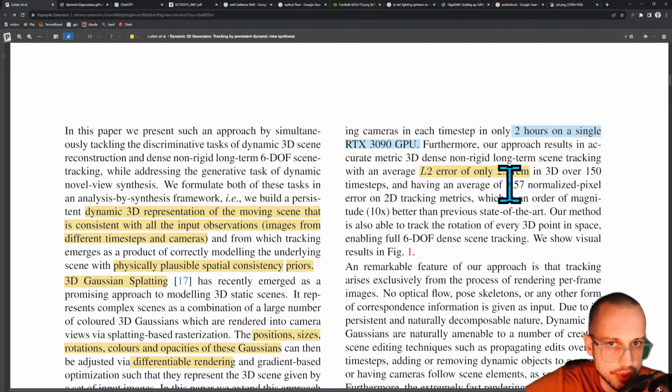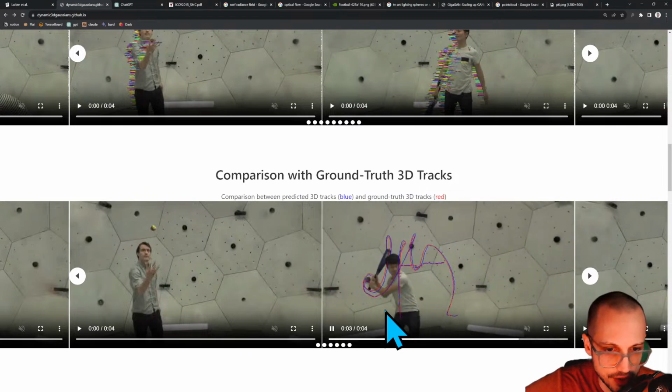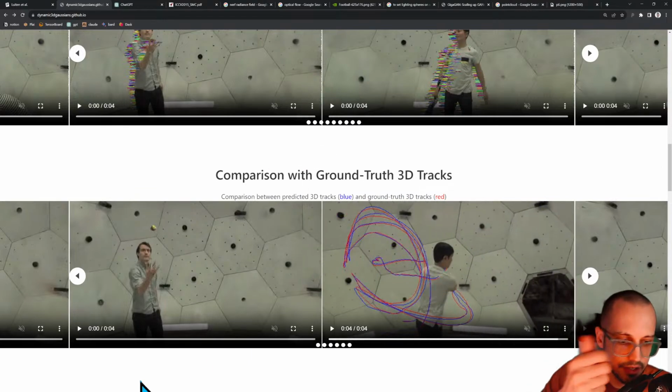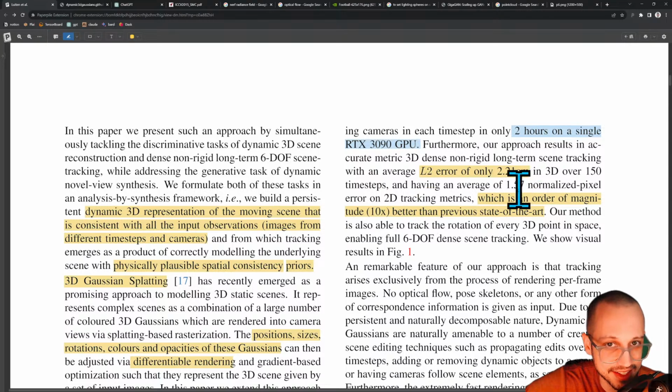Having an average of 1.57 normalized pixel error on 2D tracking, which is an order of magnitude better than previous state-of-the-art. Pretty good, but this is also based on results that they got in this camera geodesic dome, right? So if you had a little shaky video from an iPhone, maybe you don't get this level of quality when it comes to the tracking.